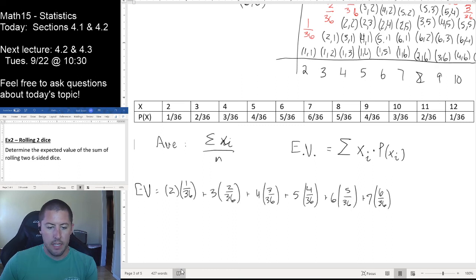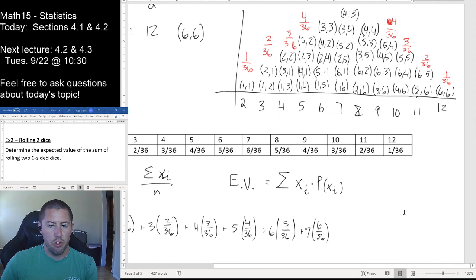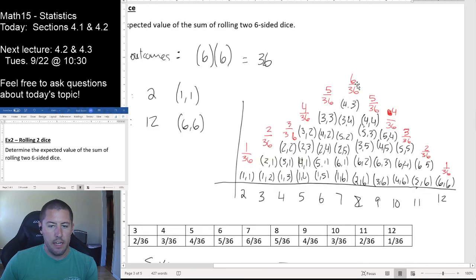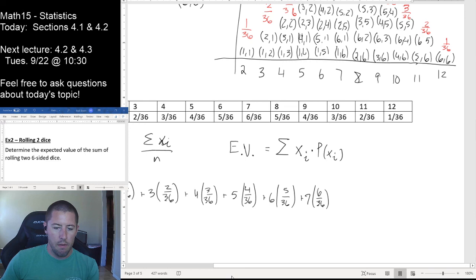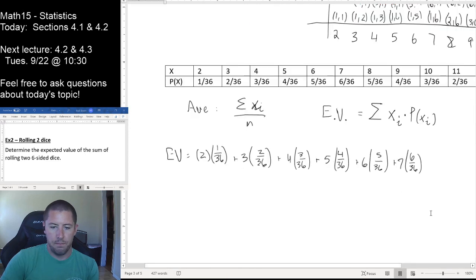Notice that this is a symmetric distribution. It's centered at the event of 7, and it has the exact same stuff going on to the left of 7 as it does to the right of 7. That's really helpful for me in knowing how to arrange my work over here. I was thinking about aligning these probabilities, maybe not right there, but in any event, it's good to notice that symmetry.